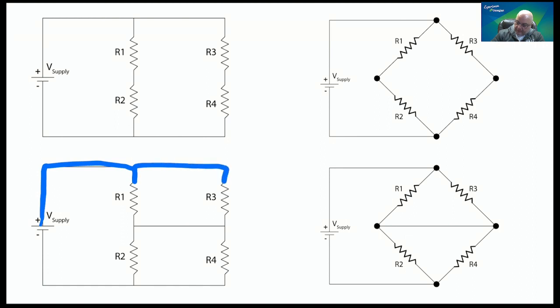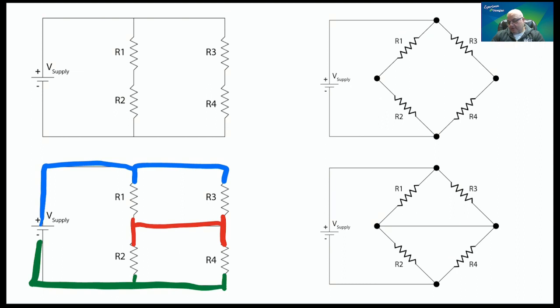This is the blue node. And we have a red node right here. And I'm going to make this green just to make it a little bit different. Now, wouldn't you say that R1 and R3 share one node at one end and another node at the other end? Well, obviously, yes. The answer is yes.